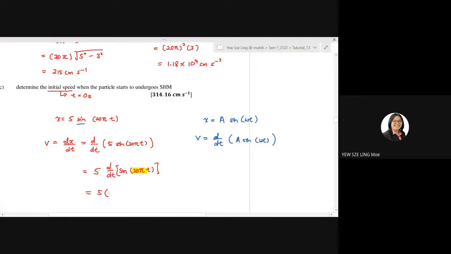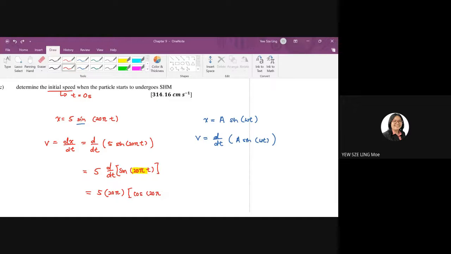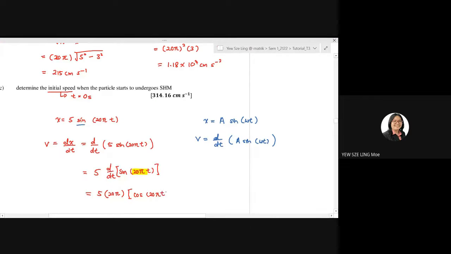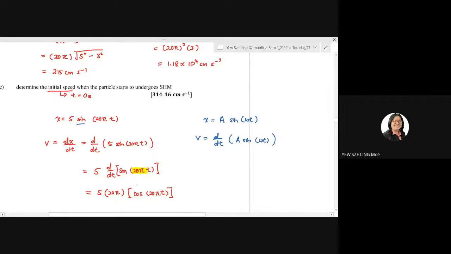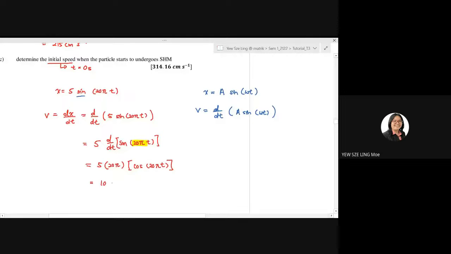So 5 times 20 pi, and differentiating sine gives you cos. So we have cos 20 pi t, close the bracket. This is the equation you obtain after you differentiate, which equals 100 pi cos 20 pi t.